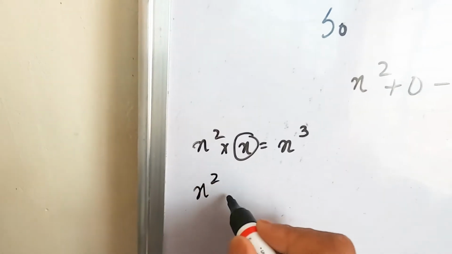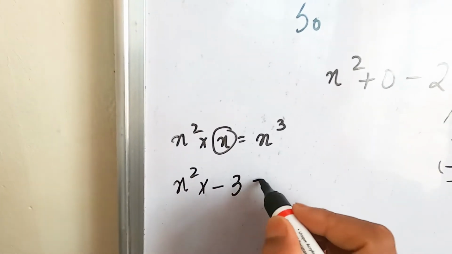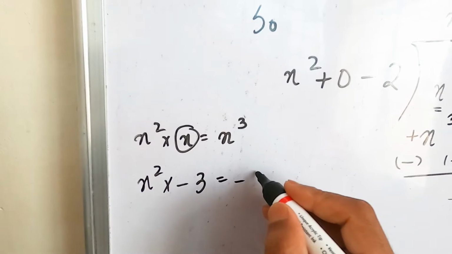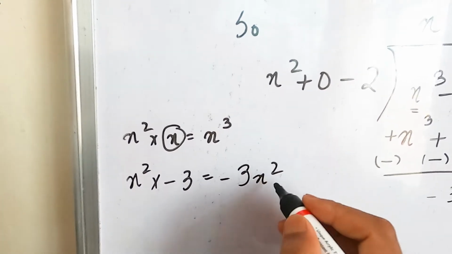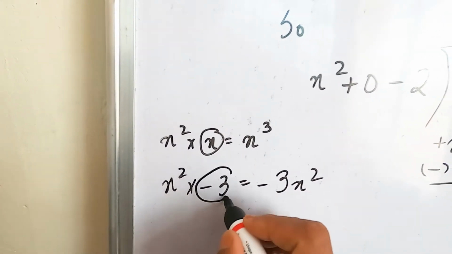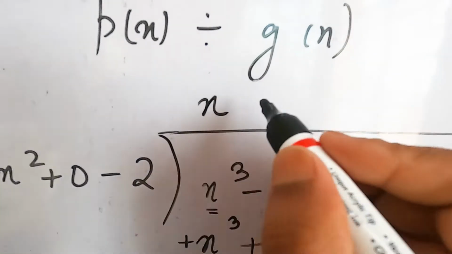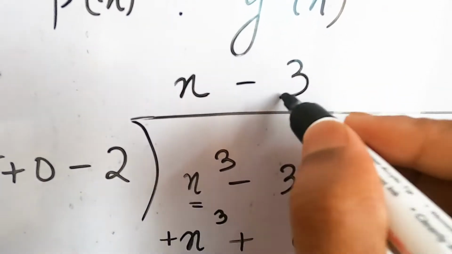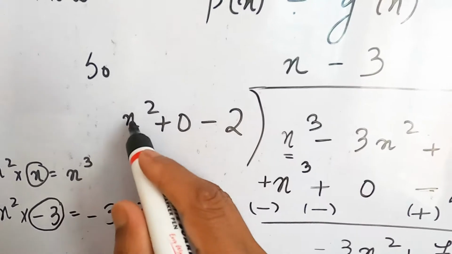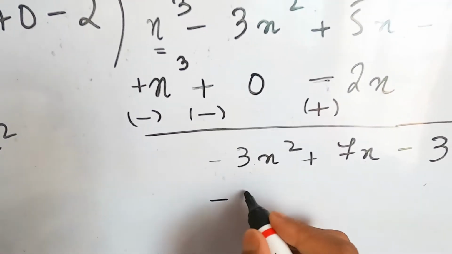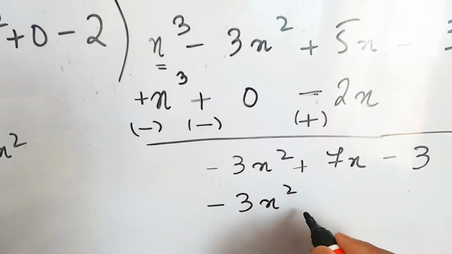So x square into minus 3 will simply be minus 3x square. The next quotient will be minus 3, so we will write here minus 3.